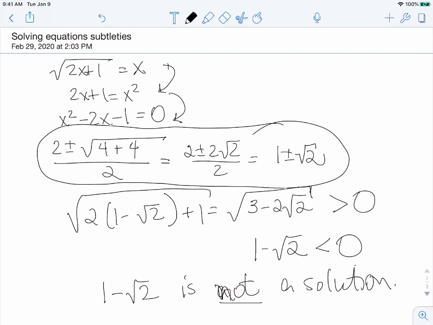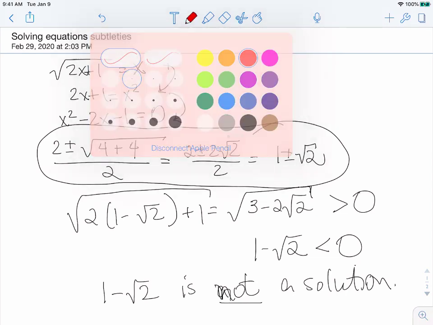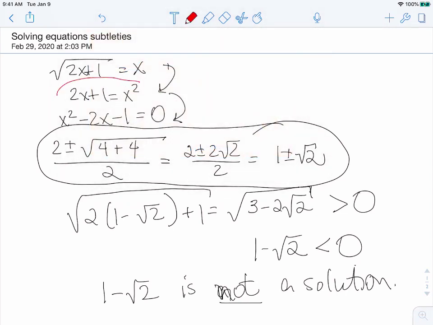The step is this one. It's not incorrect to do it, but it gives us more solutions than truly exist. And let me show you why.